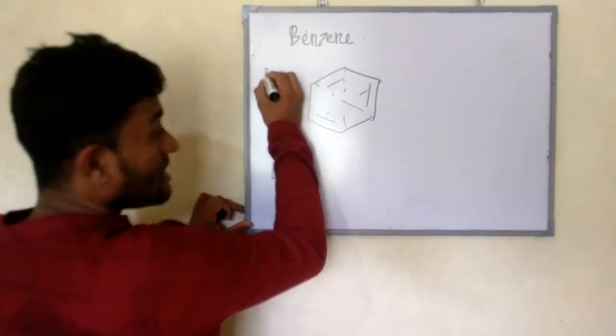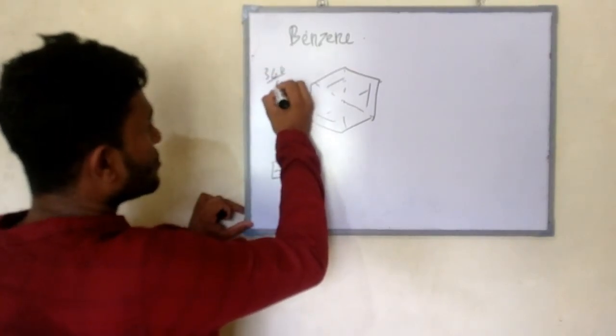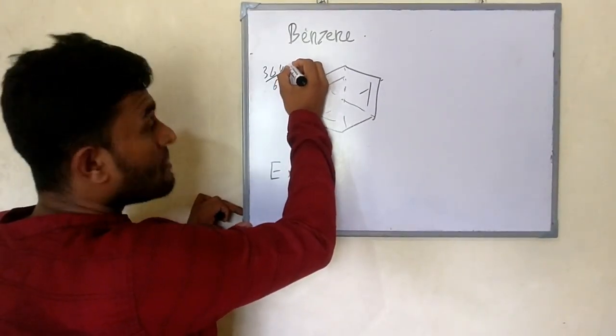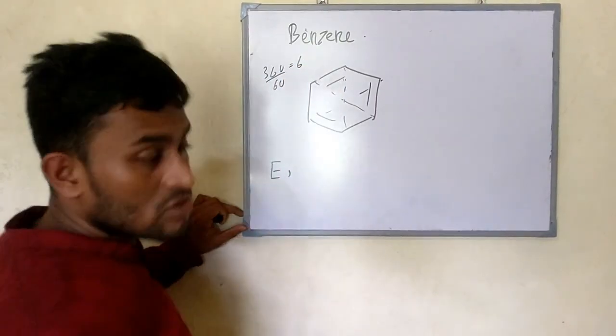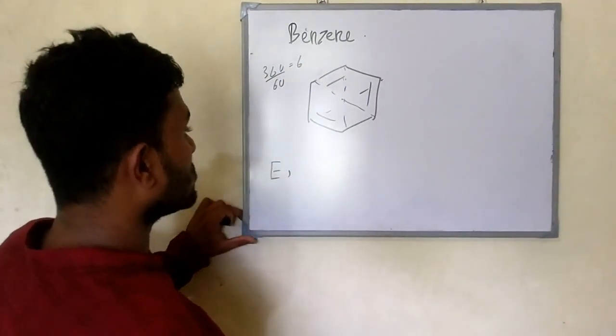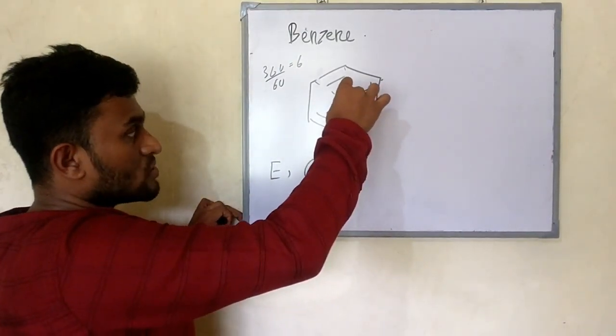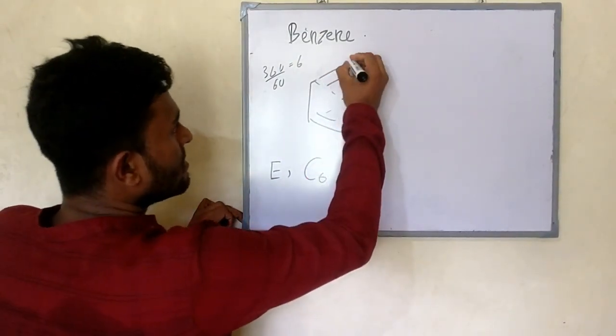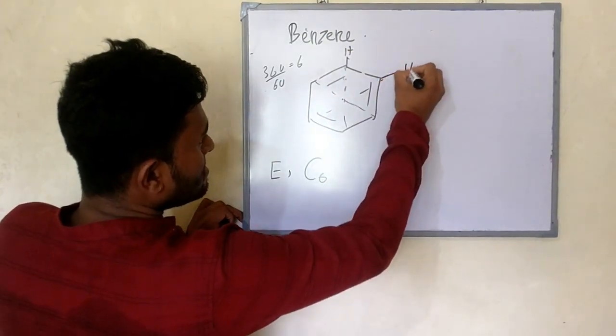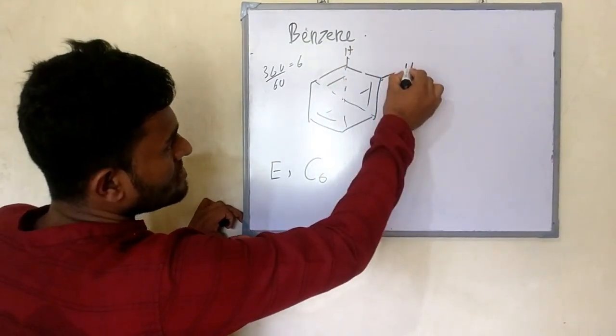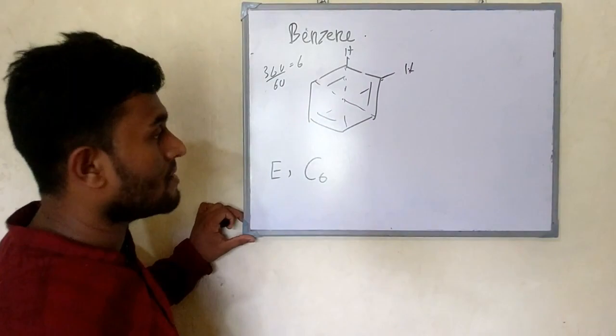360 divided by 60 means 6. So a C6 axis is also possible. So you can rotate through the middle. Then if you rotate like this, this hydrogen comes here, this hydrogen goes there.